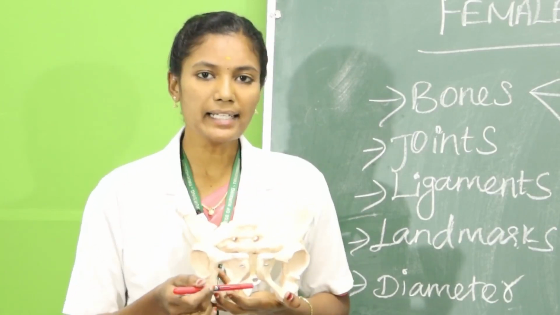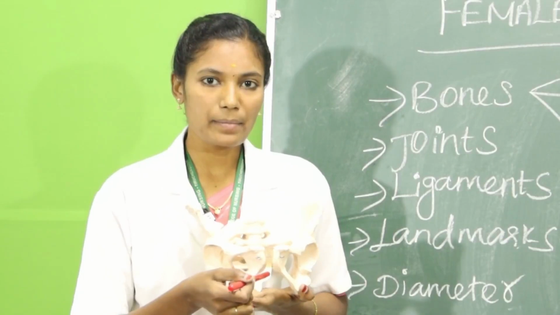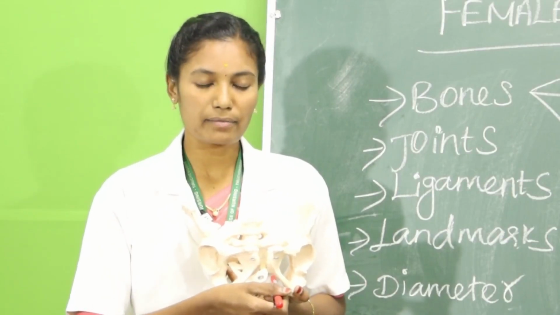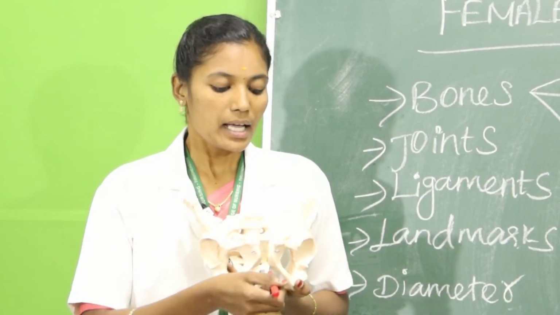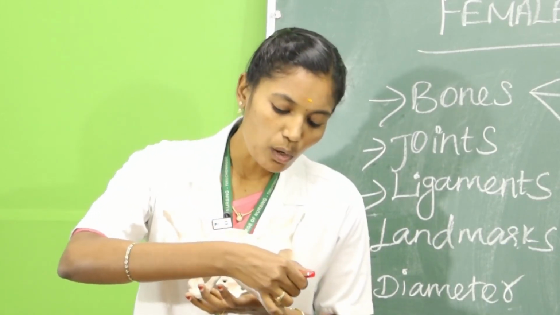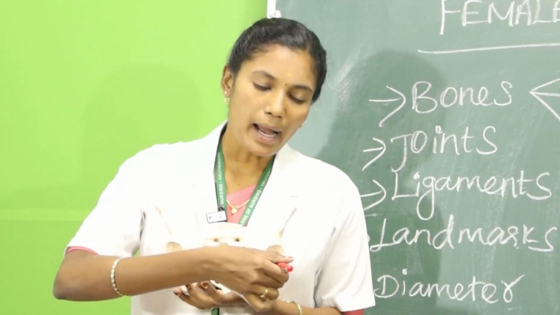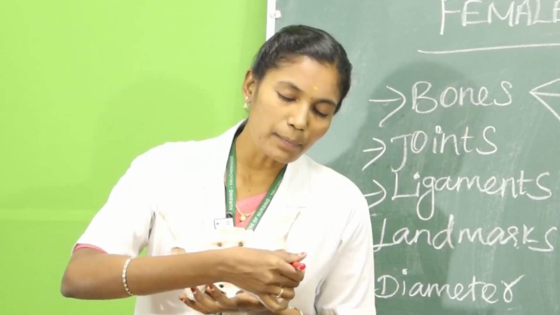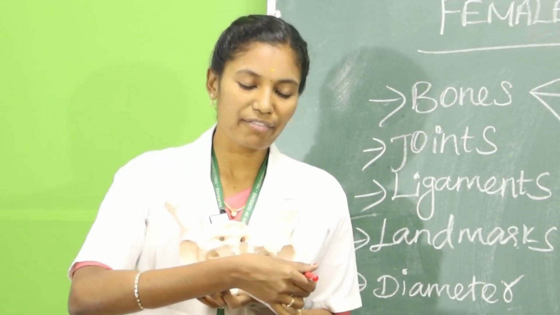Next is the ischium, the anterior lower part. It has a large oval-shaped opening called the obturator foramen, and a cup-shaped cavity called the acetabulum, which is the joining point of the femur bone.